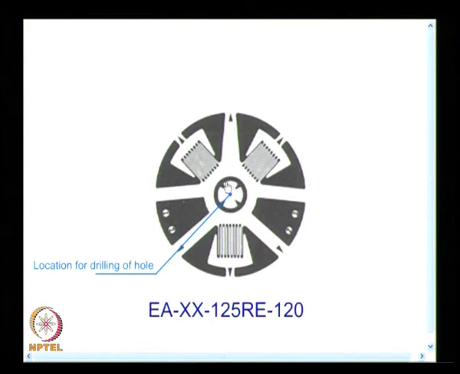You have a provision to drill a hole at the center, and you have a very sophisticated drilling gadget that comes along with this. So, the idea here is, when you drill the hole, the stresses get relieved, and those relieved stresses are sensed by these strain gauges, and you have expressions available from the manufacturer on how to interpret and find out the residual stress.